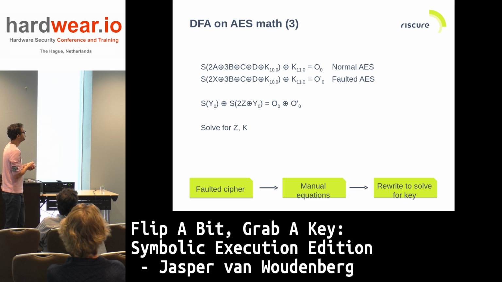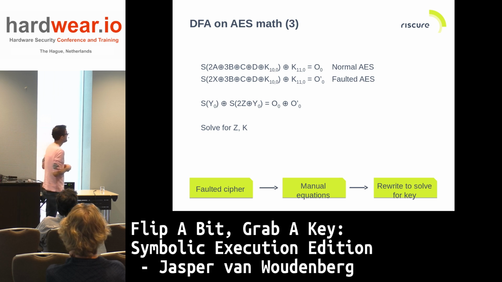And by some rewriting, I can rewrite this as the Sbox over a certain byte XOR 2Z XOR the same Y again. And if I get a sufficient number of these equations, then I can solve this for Z, and once I know Z, I can solve it for K.